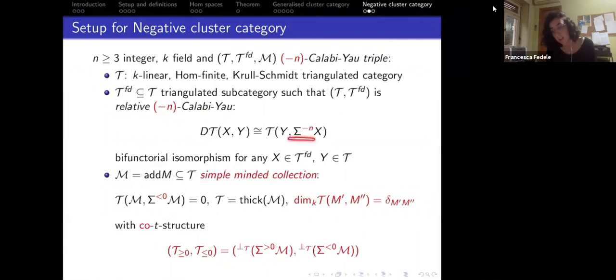So here we get this negative n. And one can do this even for a more general Serre functor. But to get a negative cluster category, you want to do it for a negative Calabi-Yau Serre functor.